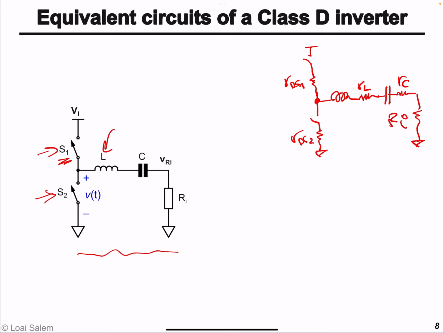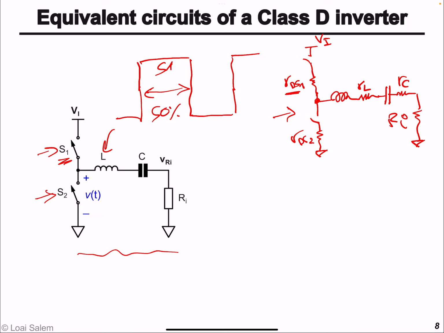Now, we can simplify that more by knowing that since we are generating a square voltage from the half bridge, 50% of the time, when S1 is on and conducting current, the current is going through RDS1, and the other 50% of the time the current is going through RDS2.